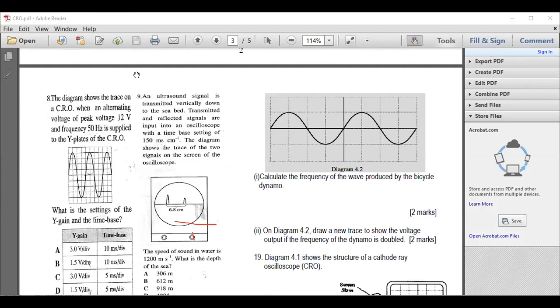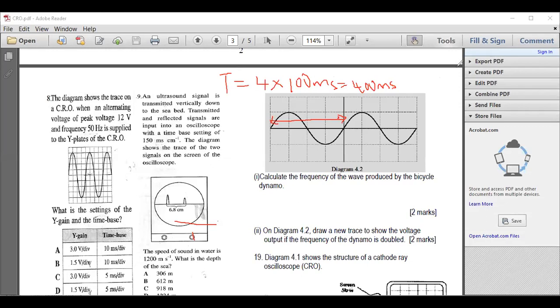You have to calculate the period. What is the period? So the period will be 1, 2, 3, 4. 4 boxes times 100 millisecond. So 400 ms. This one you have to convert to second. How to change to second?